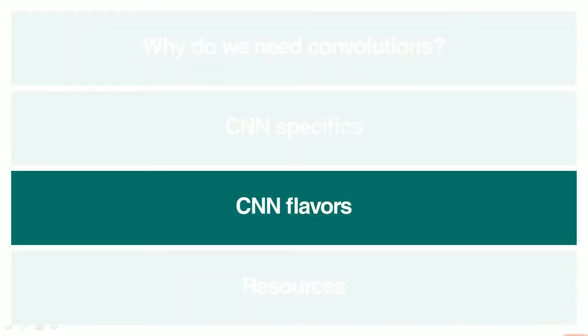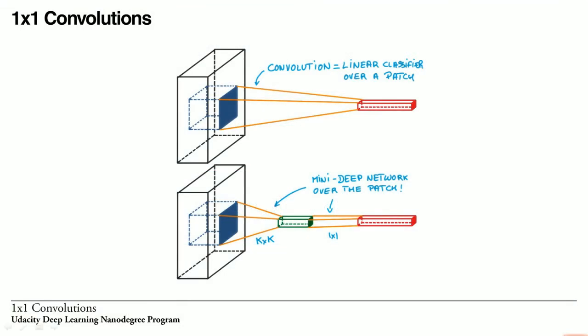All right, let's switch to talking about different variants of convolutional neural networks. One of the most interesting ones is the introduction of one-by-one convolutions. This might not seem intuitive at first because one-by-one convolutions understand almost nothing about spatial relationships.